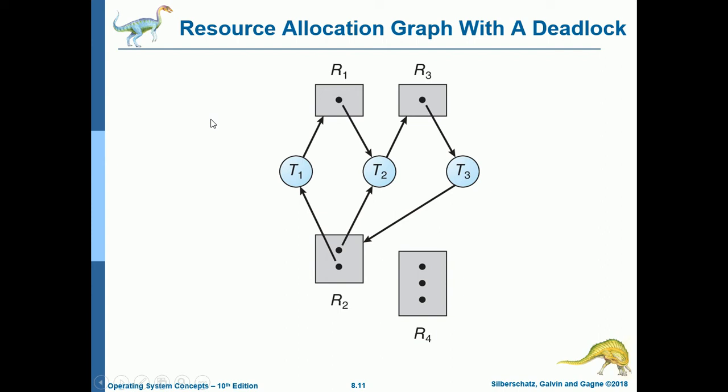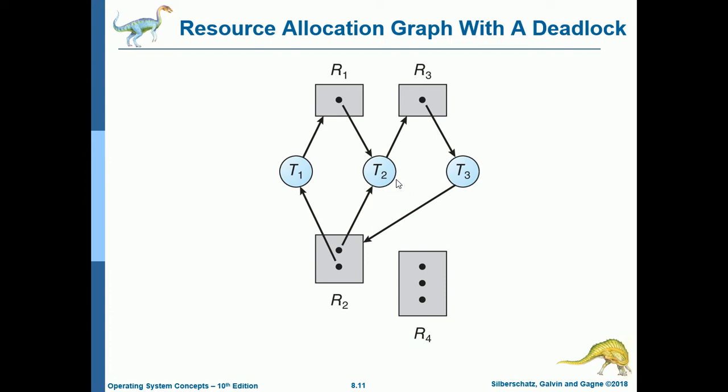Then we also have hold and wait. T sub 1, T sub 2, and T sub 3 have these conditions, that they already hold a resource and are waiting for a resource that is held by another process.